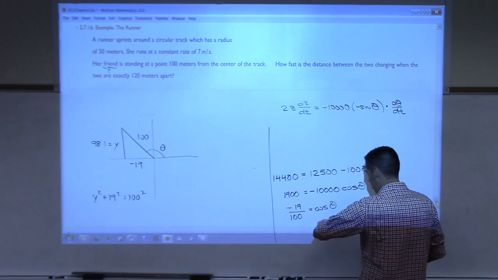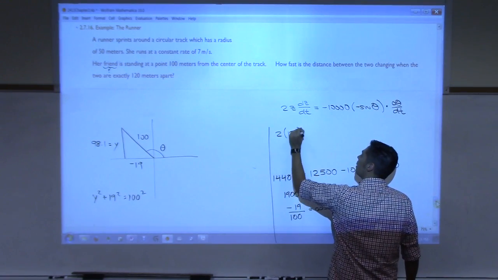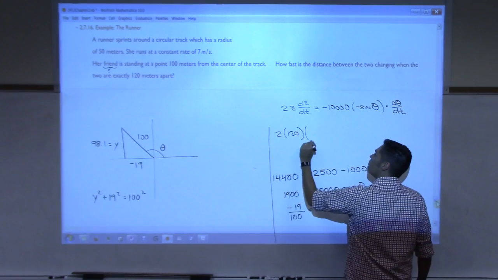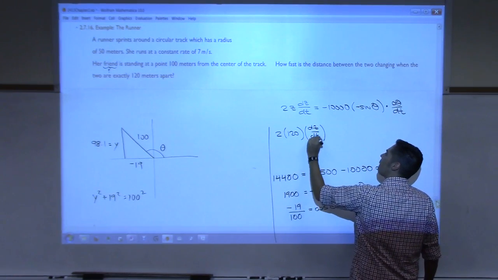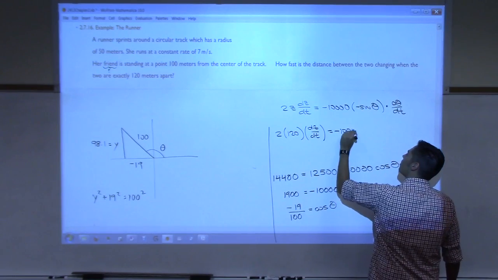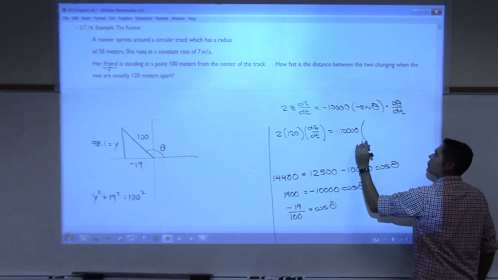So I don't think I'm going to go anywhere because I want to talk about our exam, but this would be z is 120. dz dt, what we're looking for, equals negative 10,000. Let's make it plus. The negative and negative is plus.